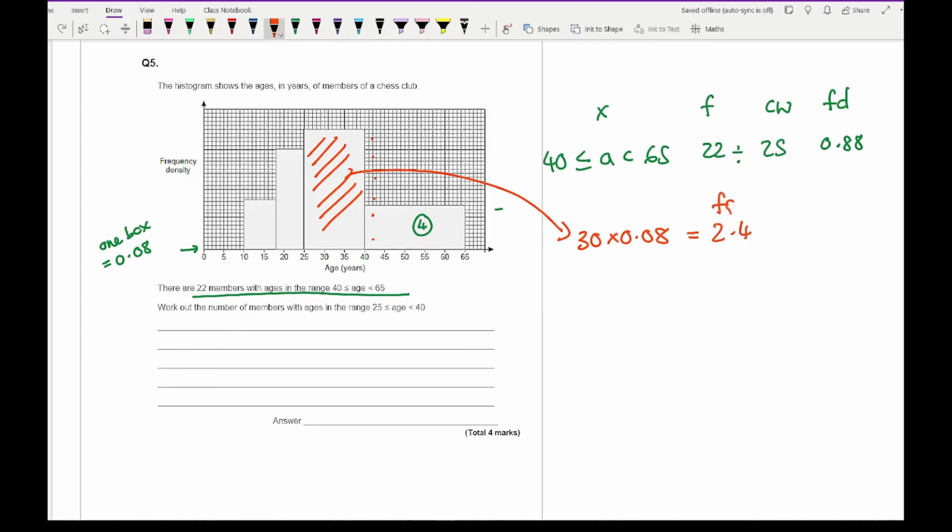So this is the frequency density for that third block, and then we need to multiply that by the class width, and the class width for that is 15. So 2.4 times 15 gives us 36.